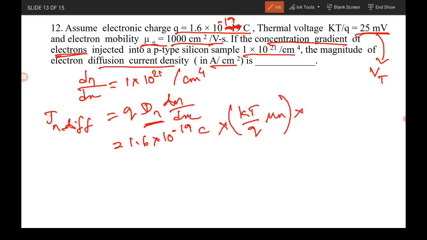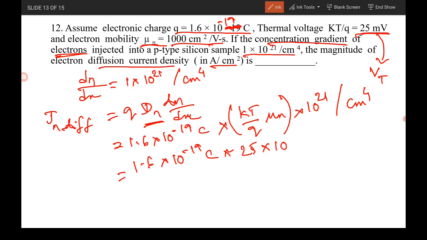And what is the value of dn by dx? It is 10 to the power 21 per centimeter to the power 4. So here we can again substitute all the values: coulombs into kT by Q, which is 25 millivolts. Here we need to convert millivolts to volts, so 10 to the power minus 3 volts, into mu n.